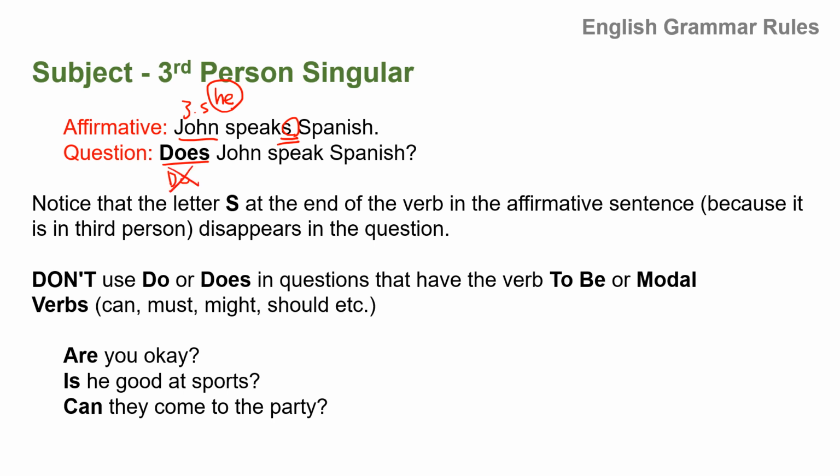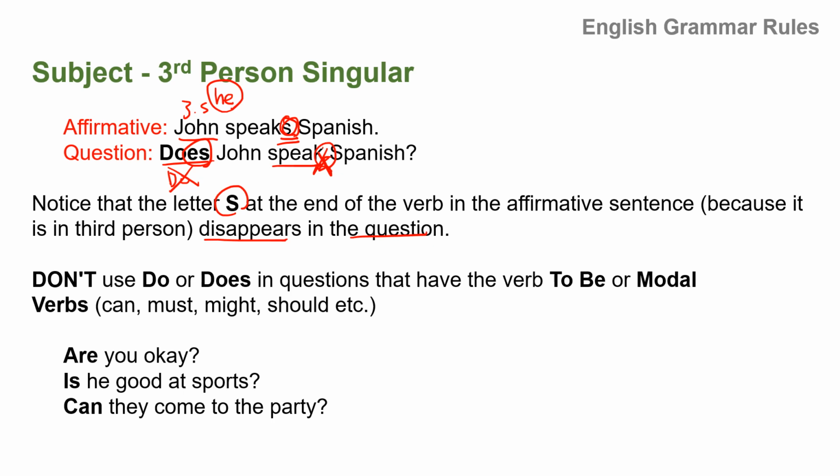Does John, and because this is does, we don't use an S here. Does John speak Spanish? Notice that the letter S at the end of the verb speak in the affirmative sentence, because it is in third person singular, disappears in the question.